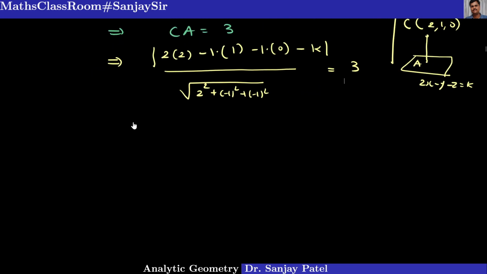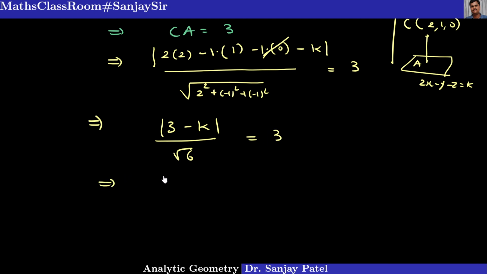Let me solve this. 2 into 2 is 4, and 4 minus 1 is 3, and z is 0, so that goes. So 3 minus k in modulus upon 4 plus 1 plus 1, which is 6, root 6, and this is equal to 3.